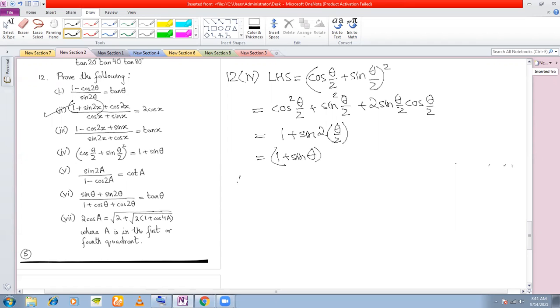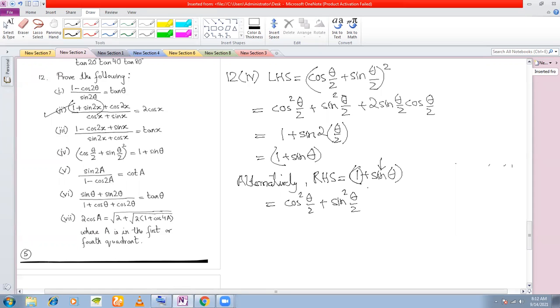Okay. Alternatively, you could have done this also from the right hand side by starting from the right hand side. If you see RHS, why I'm showing you this is because again you will need this 1 plus sin theta. See, this 1 here can be written as cos square theta by 2 plus sin square theta by 2.